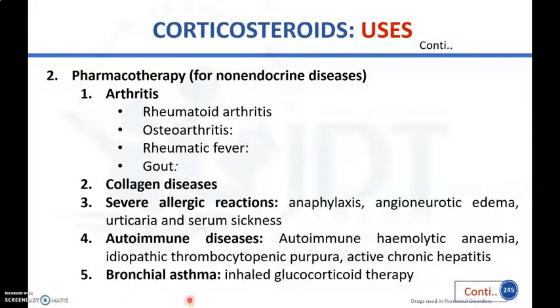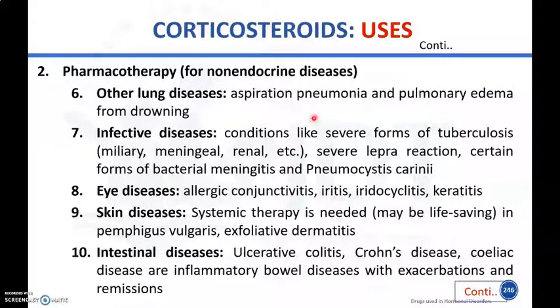And also in case of bronchial asthma, inhaled glucocorticoid therapy is used as an anti-inflammatory drug to stop or prevent further attacks of asthma due to the inflammation. And other lung diseases like aspiration pneumonia and pulmonary edema.